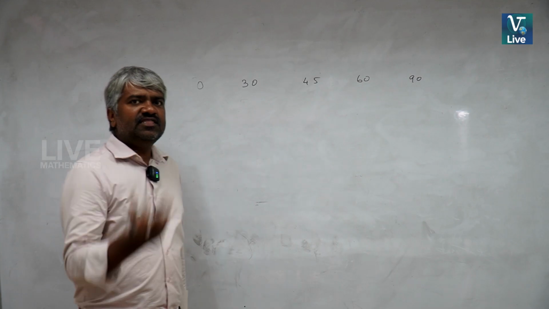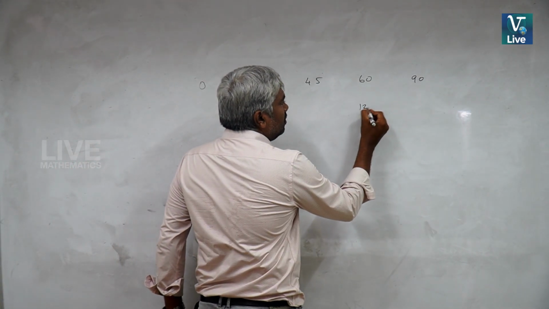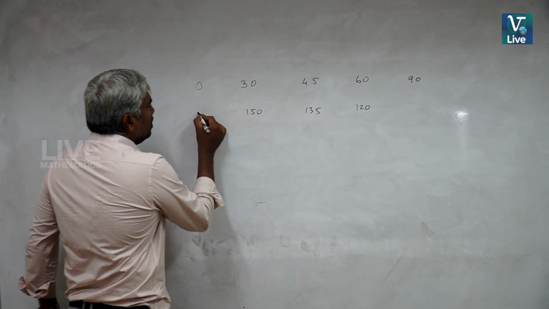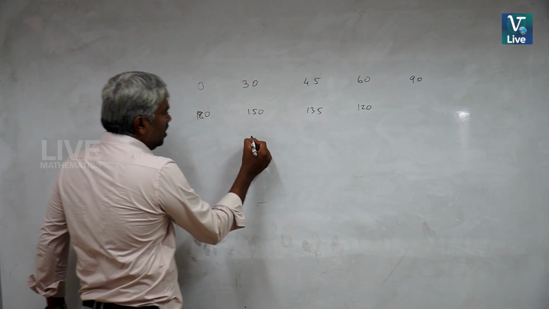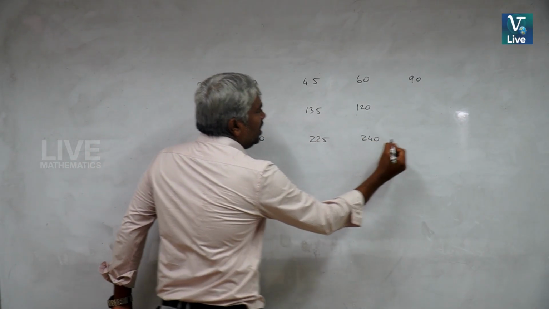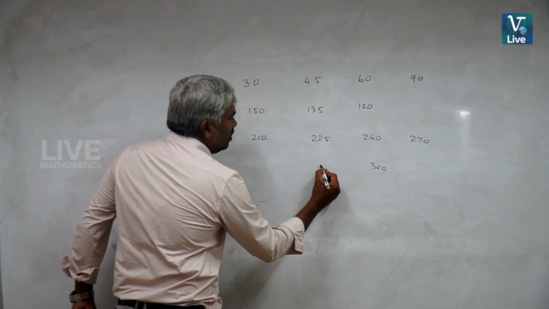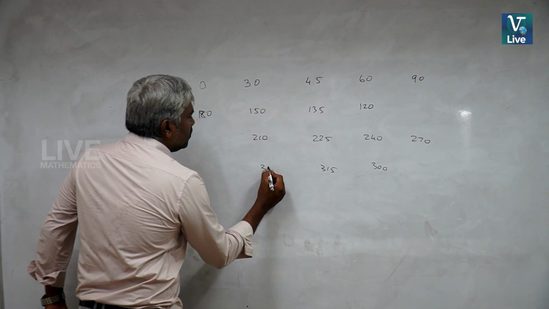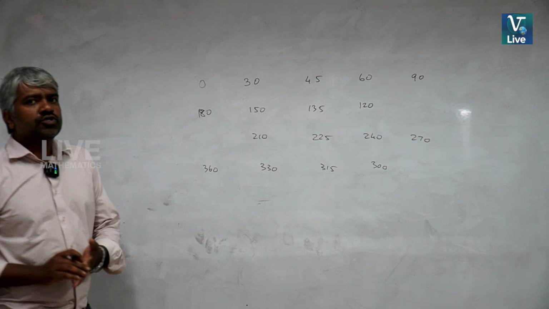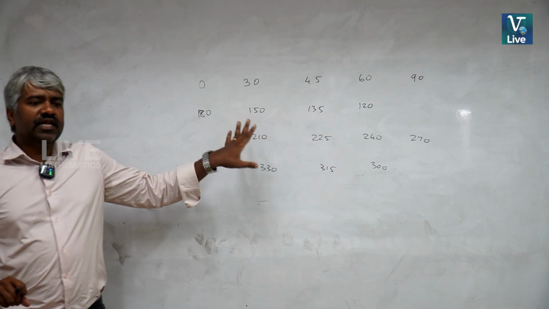Now I am going to extend the same table till 360 degrees. When it's 90, add 30, 15, again 15, 30, 30, 15, 15, 30, 30, 15, 15 and 30. Take note of this table, which will be more useful while solving the particular problem.